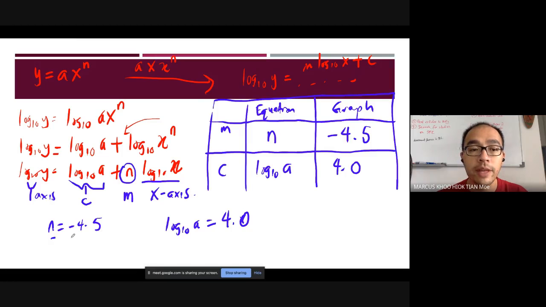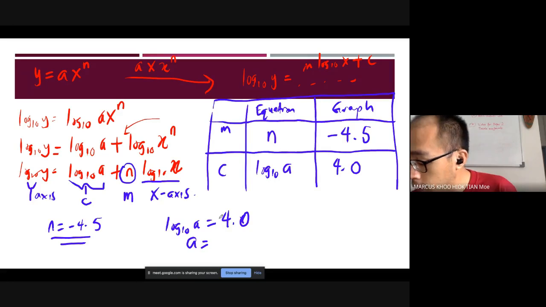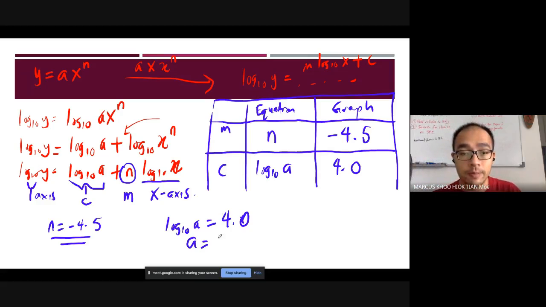So the value of n is settled. Habis sudah kan? Kau cari sudah. The value of a belum lah because this is log 10a. But kalau mau cari a, just shift log 4.0. Shift log 4 will give you 10,000.